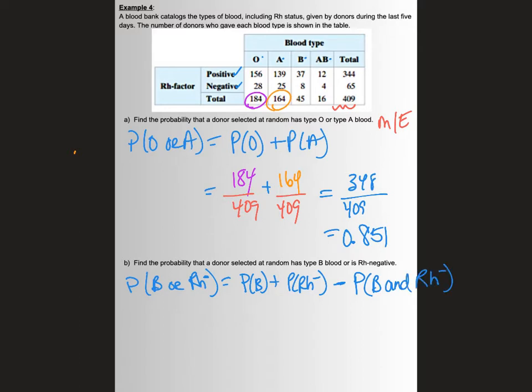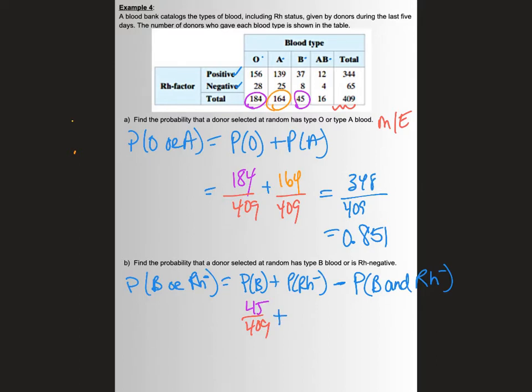Okay? So our probability of B, we have 45 people that are B. So there's my 45. Oh, I'm sorry. I should probably do different colors for that. Let me see what I got. I don't have a lot of colors on here. We're going to have to stick with what we had. Sorry. All right. So there are 45 people out of the 409 total that are B, plus the probability of Rh negative.